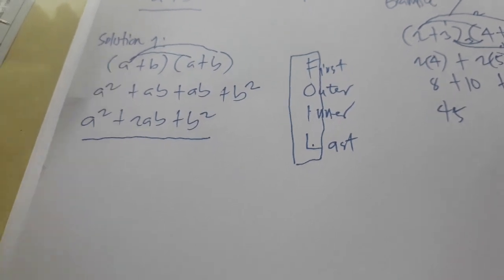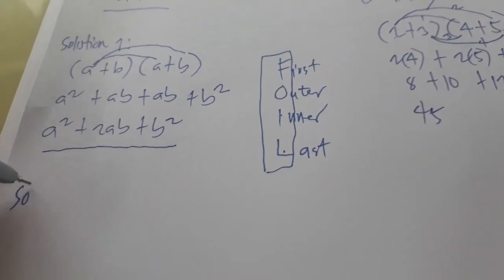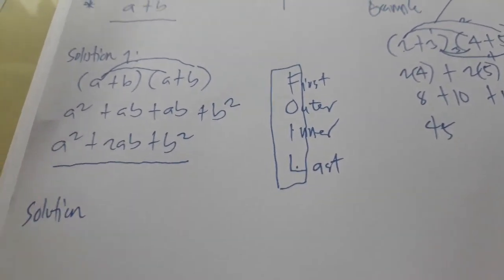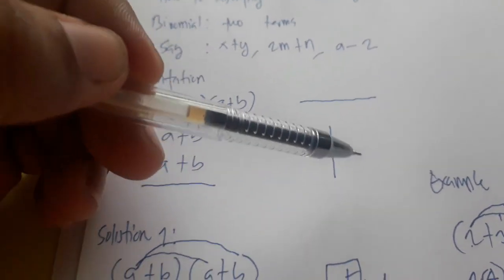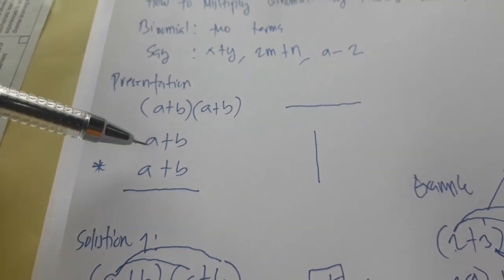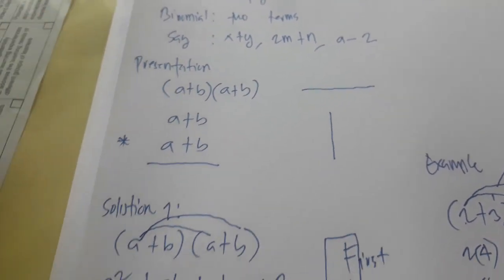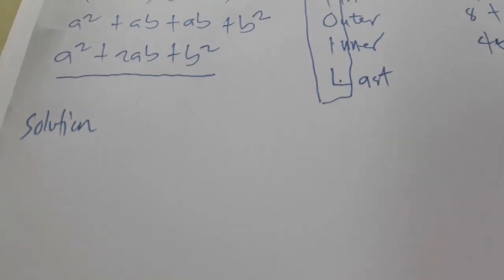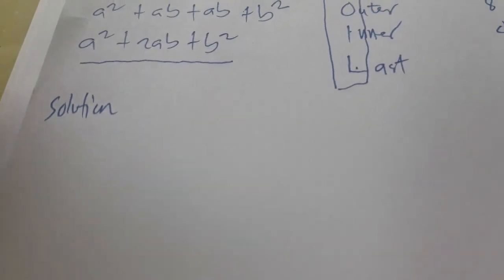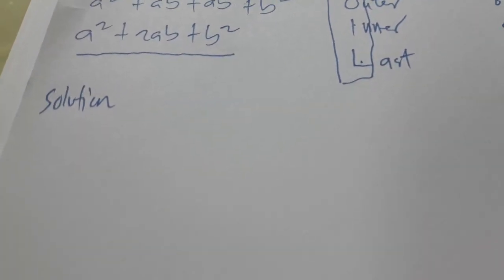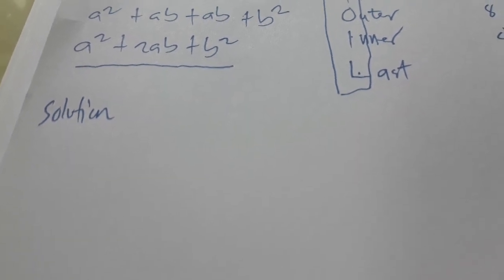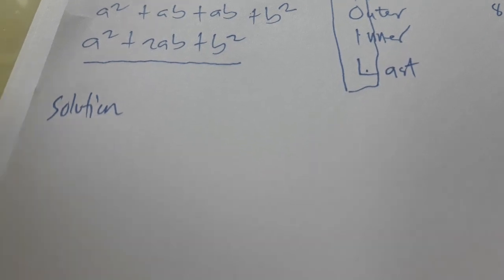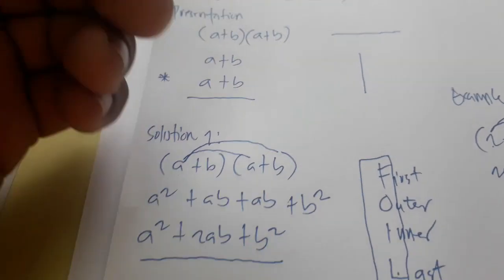Now we will proceed to solution number 2. As you can recall, we have two presentations. The vertical type, this one, is a plus b times a plus b. So how do we multiply a binomial by another binomial in the vertical type?